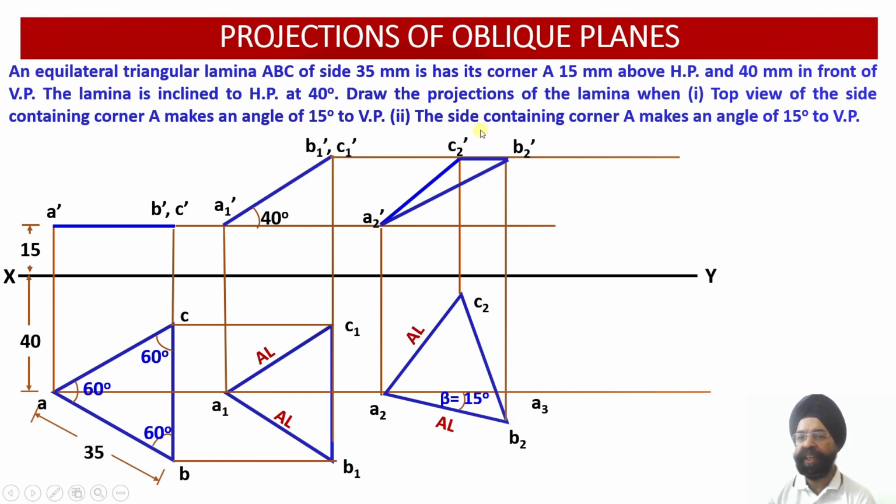Now the situation has changed, because in the second preposition we have been provided with the information that it's not the apparent length of the edge, it is the original side, original edge of the triangle which is measuring equal to 35 millimeter. So this edge, true length, makes an angle of 15 degree with the vertical plane. That is, this angle is equal to phi, this angle is not equal to beta.